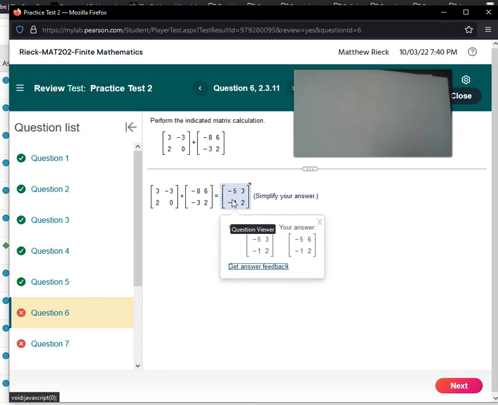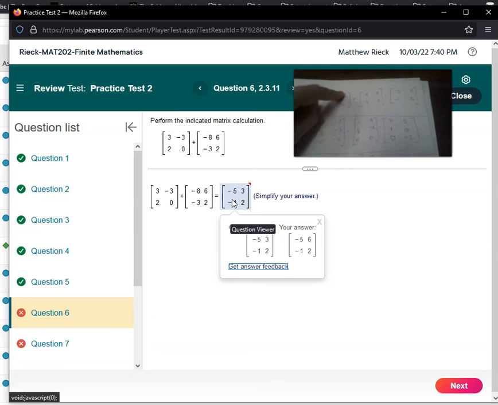Oh, that's embarrassing. Yeah, it looks like I just added wrong. Negative 3 plus 6 should be positive 3, not positive 6.